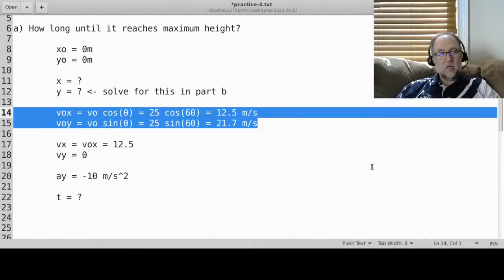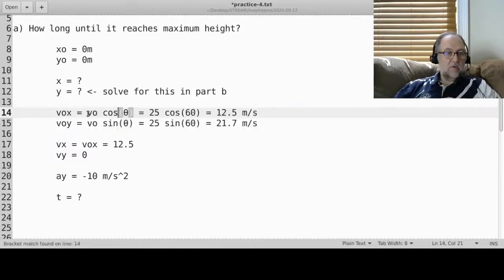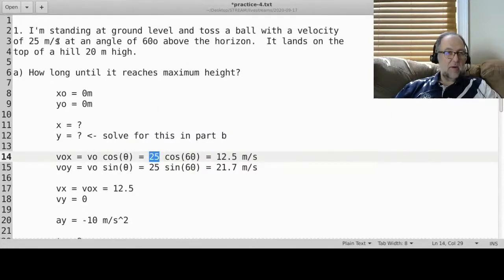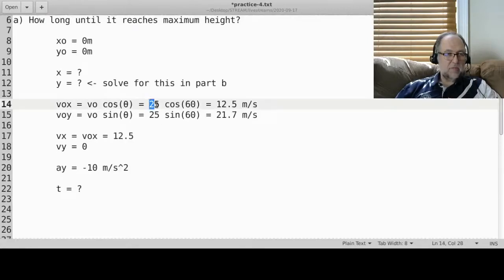This was our initial velocity converted to Cartesian. The formula for v naught x is v naught cosine theta, and v naught is 25, because that's the magnitude of the velocity. See here where I say it's traveling with a velocity of 25 meters per second, so there's your magnitude, multiplied by cosine of the angle, and that turns out to be 12.5.